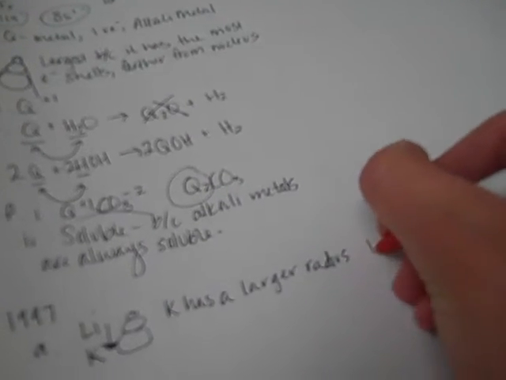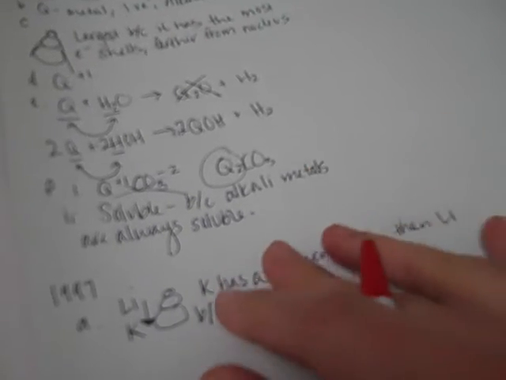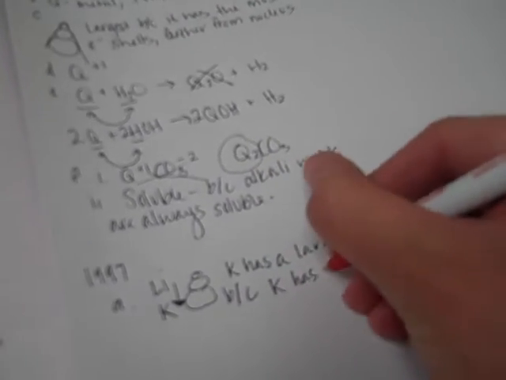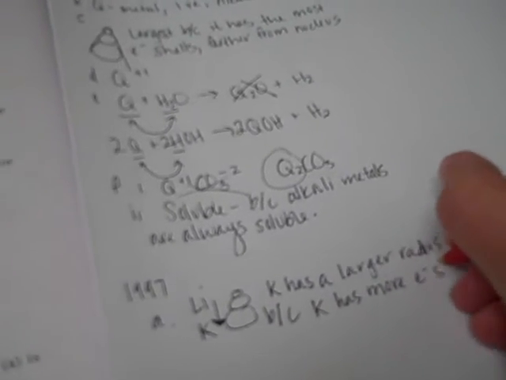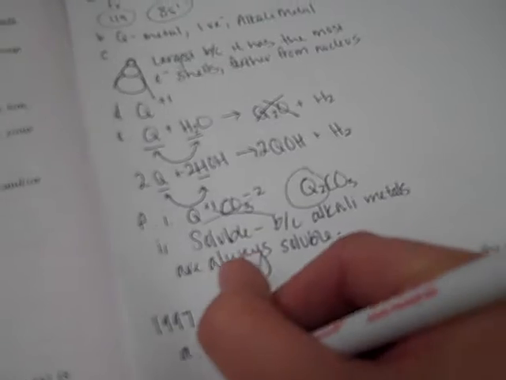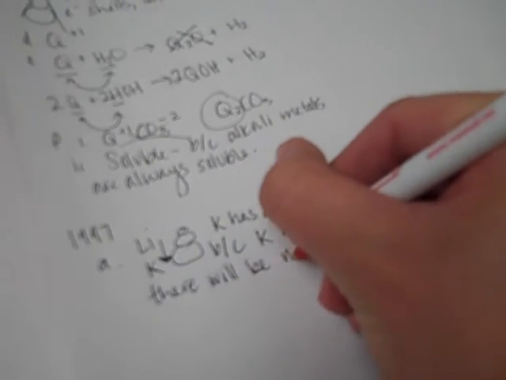So as you go down, you know atomic radius increases. So you would say something like K has a larger radius than Li because, and you have to be really specific and mention both atoms in your answer, because K has more electron shells than Li, there will be, this is like the biggest run-on sentence ever, there will be more shielding.